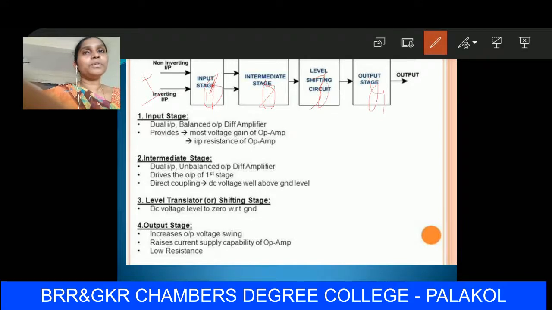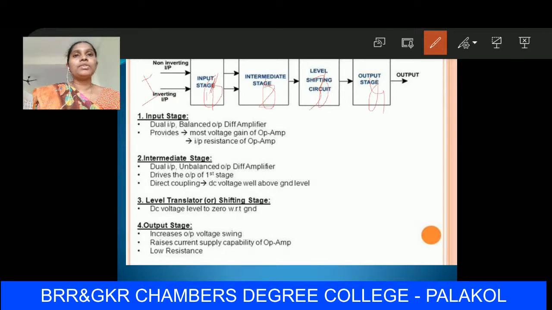So dual input unbalanced differential amplifier means when you are applying two inputs to the differential amplifier, it will give only one output. That means we apply two inputs but it produces only one output. That's why it is an unbalanced differential amplifier.